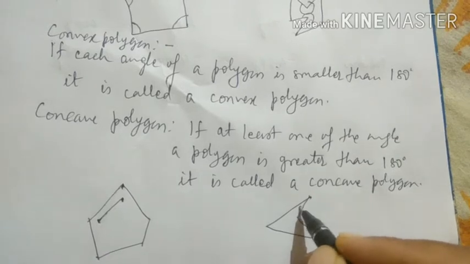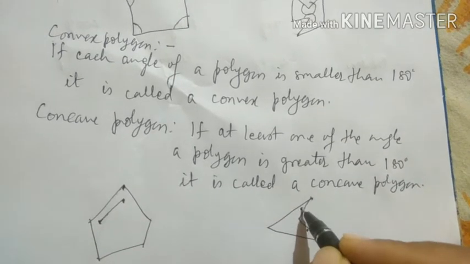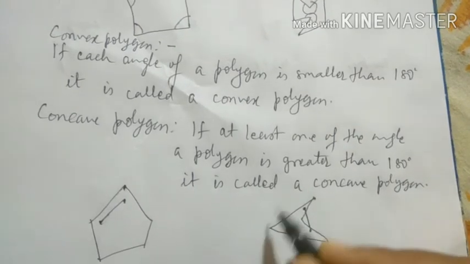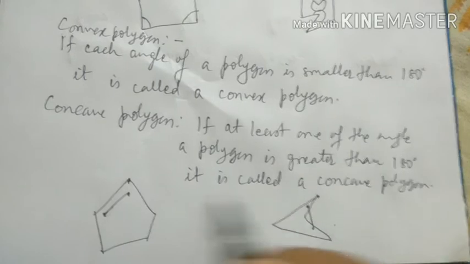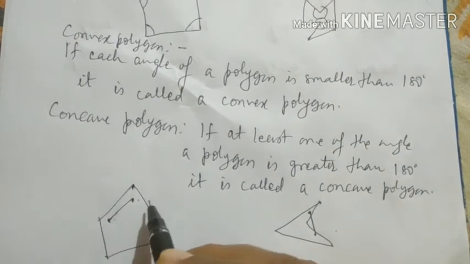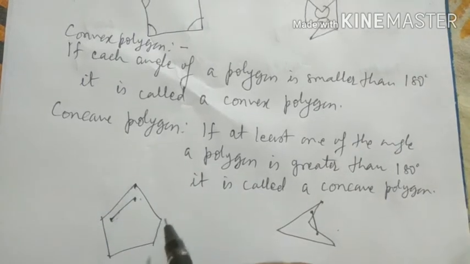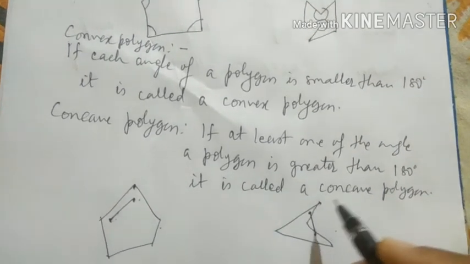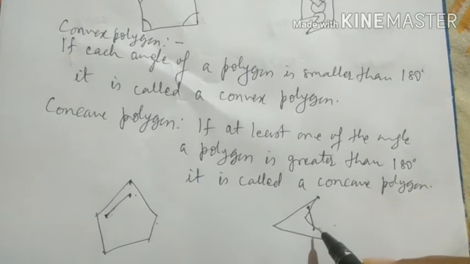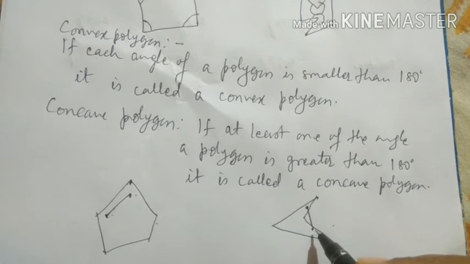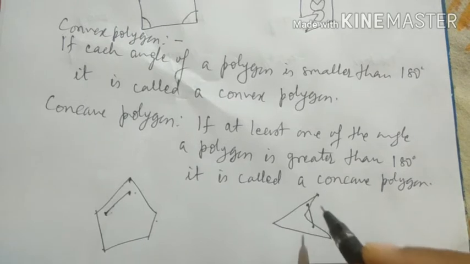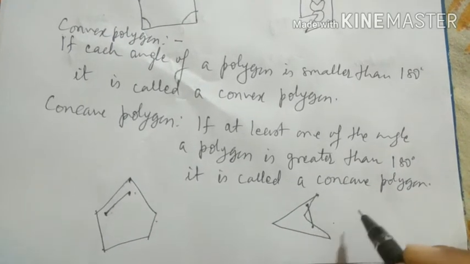The line segment joining these two points does not lie wholly inside the figure. That means this figure is a concave polygon. If the line segment joining any two points in the polygon does not lie in that polygon, then the polygon is called a concave polygon.